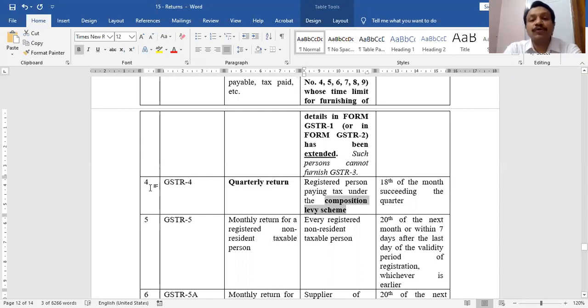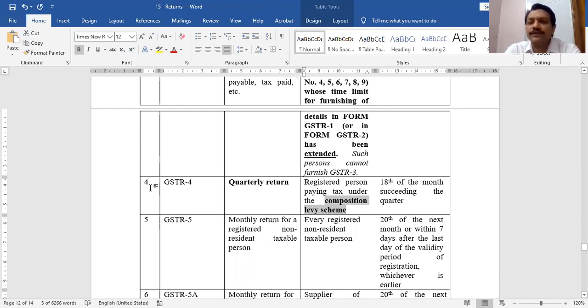Any person who has opted to pay tax under the composition levy scheme is not required to furnish a monthly return, because GSTR 3B says monthly information, but for composition levy scheme taxpayers there is no compulsion of monthly information, only a quarterly return. That is why these people will not use GSTR 3B.